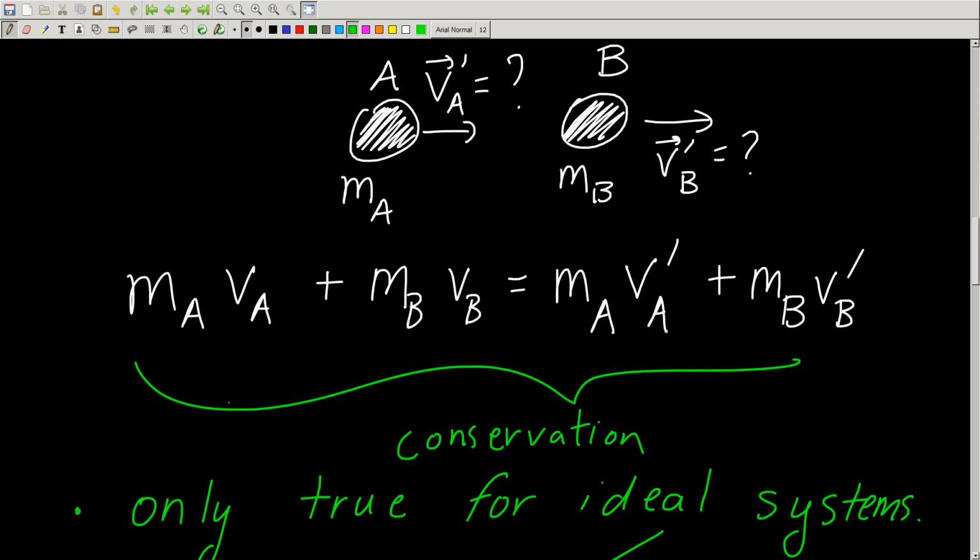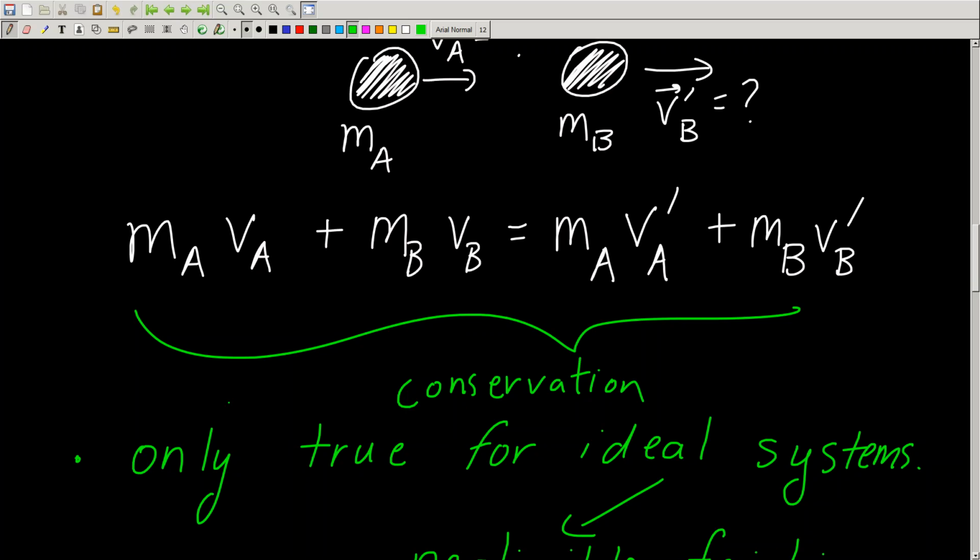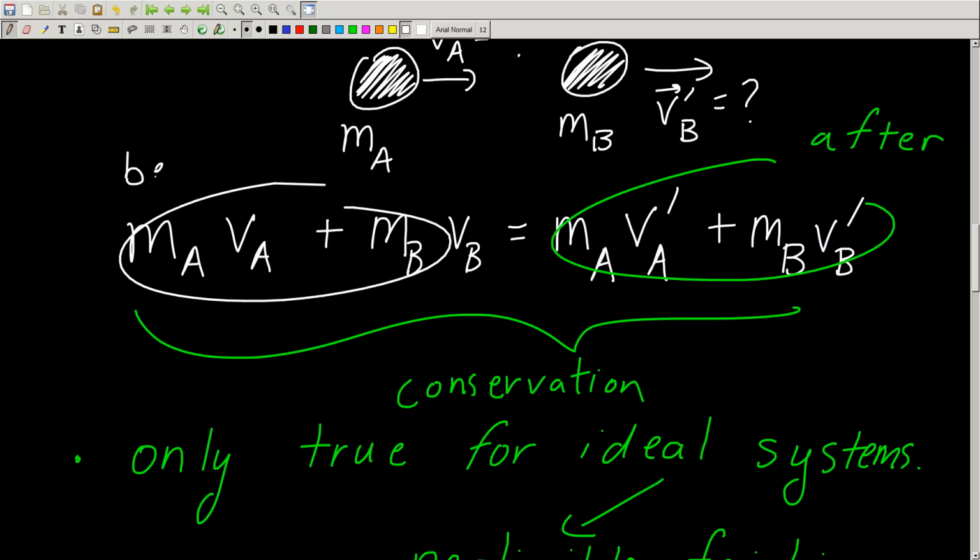After the collision, A makes contact with B and sends it flying. We set up the equation for the collision, and I used primes to demonstrate like after the collision versus before. So this is after, okay, and this thing is before.